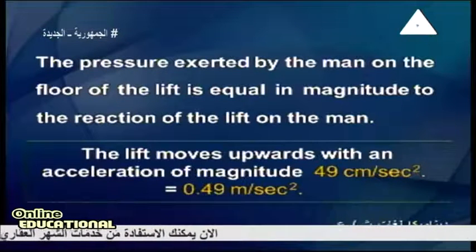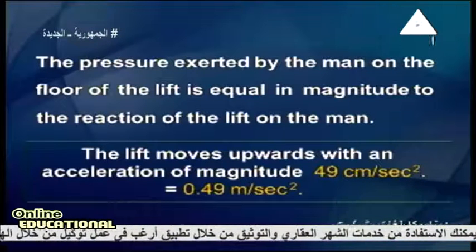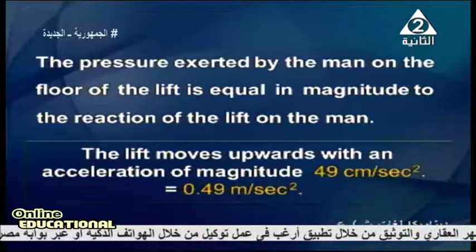Now we use meter per second squared as the unit for acceleration. What is the equation now? The equation: ma equals N minus mg. The lift moves upward, so the positive direction is upward.